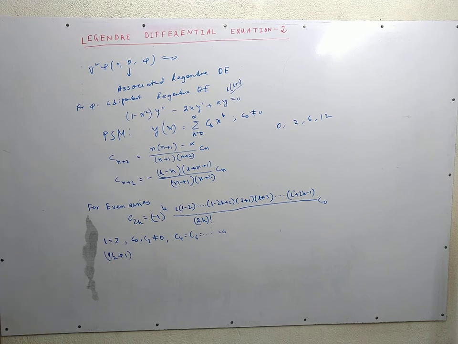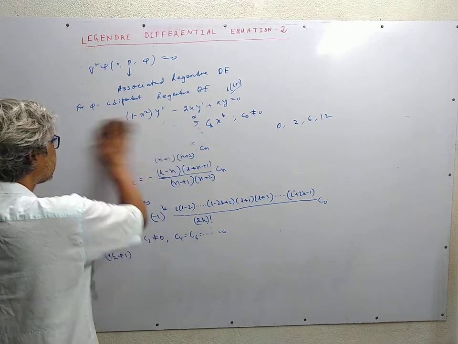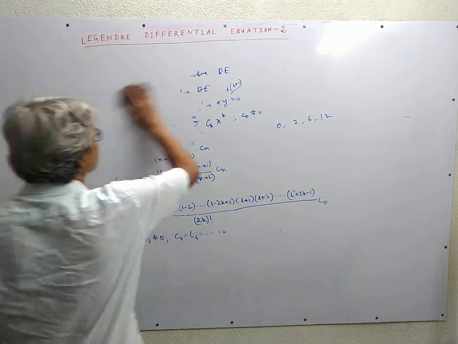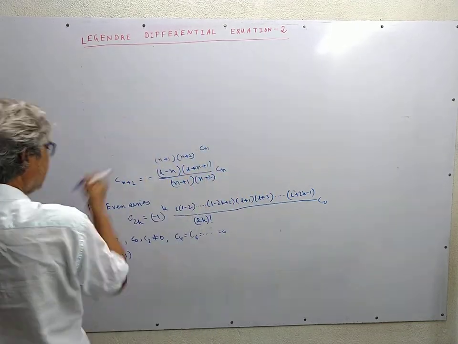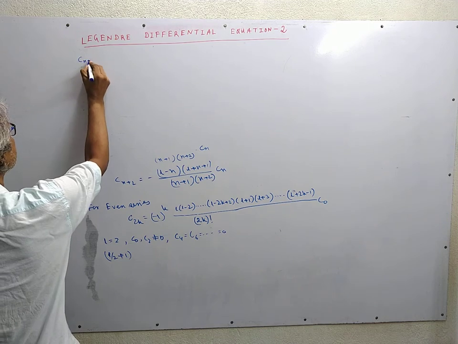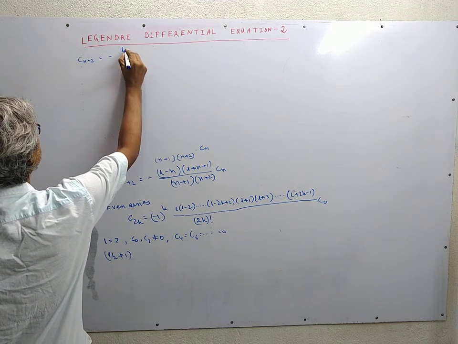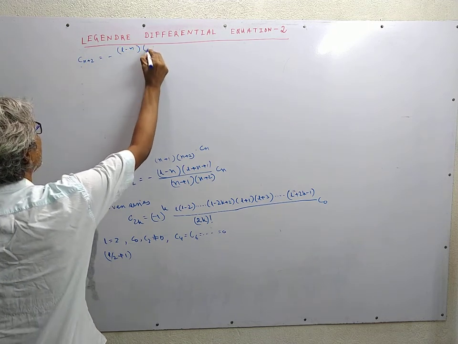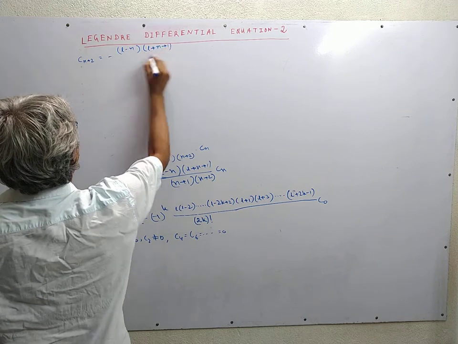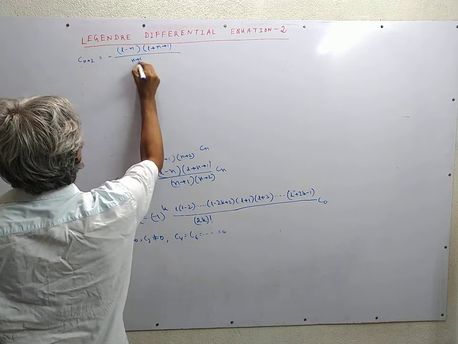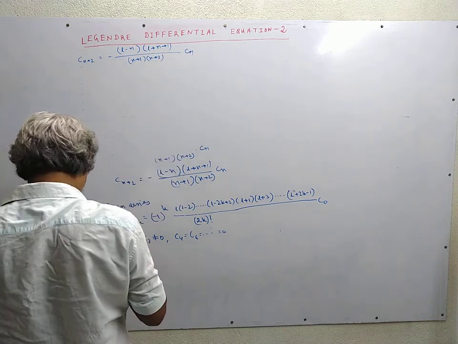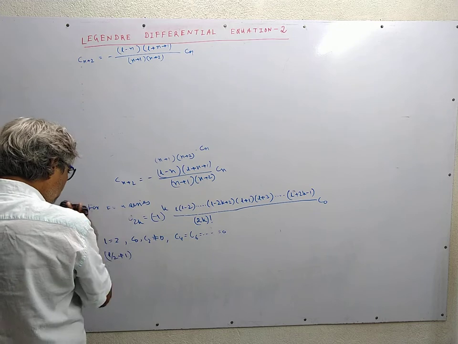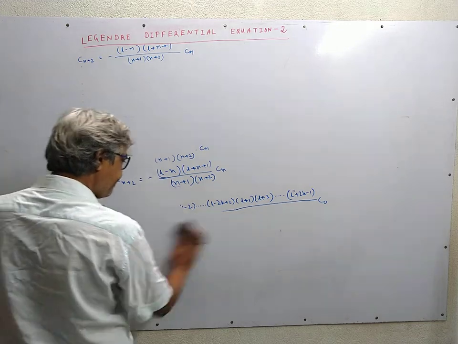Now we come to the odd series. The odd series starts with C1, and for this we write C_(n+2) is equal to minus (L minus n)(L plus n plus 1) divided by (n+1)(n+2) times C_n. For n is equal to 1, we get C3.